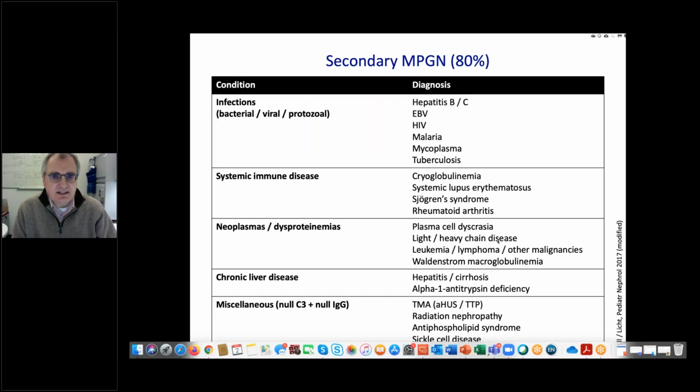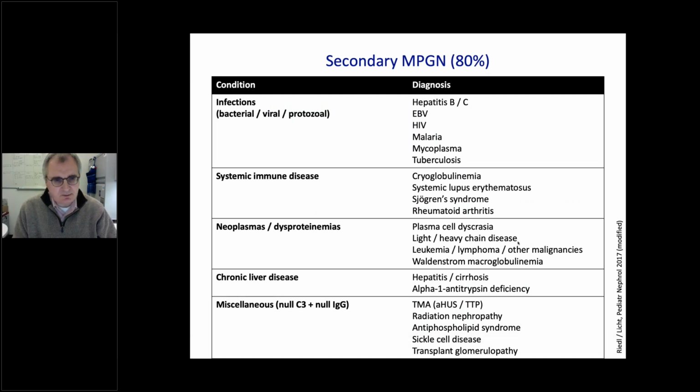And on this slide here, I will not spend too much time during the rest of the talk talking about the secondary forms, which make up a large proportion. As you can see, this is a table that summarizes what the literature identifies as underlying conditions linked or affiliated with this membranoproliferative pattern.